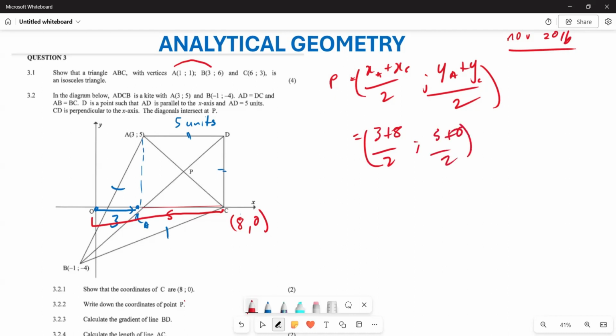Can you see that this is 11 over 2, and this is 5 over 2 altogether? So the coordinates of P are 11 over 2, 5 over 2. Hopefully this makes sense to you now.